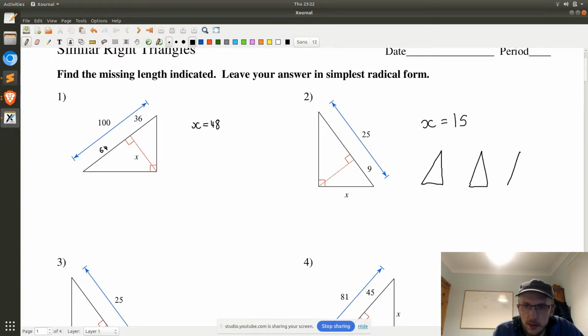Let's imagine this. And they're all similar. Okay, and the big guy, we know that that's 25.